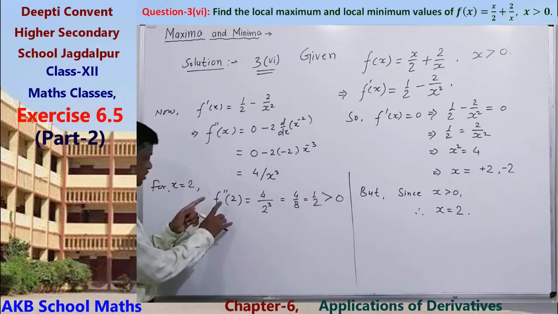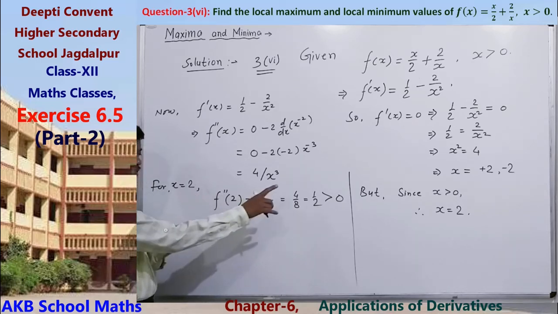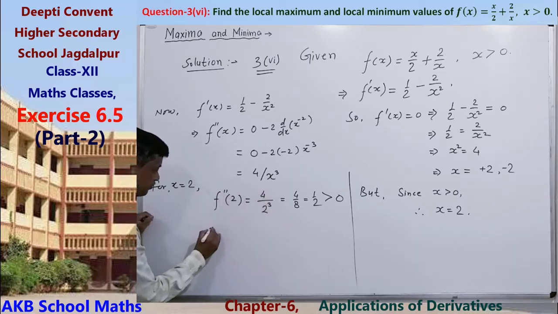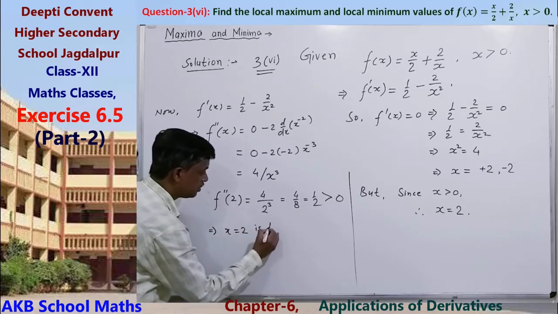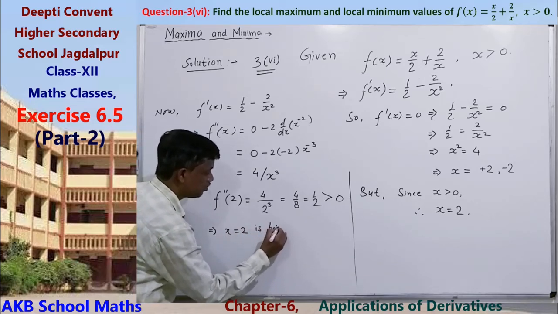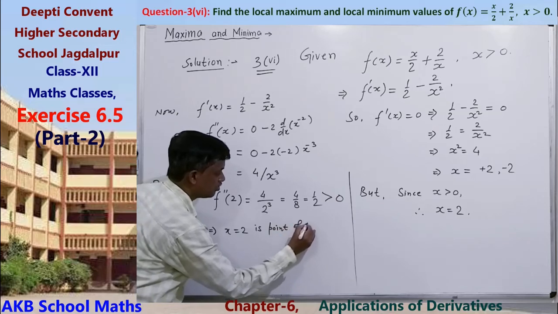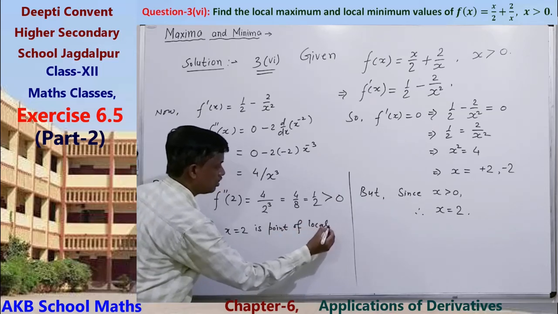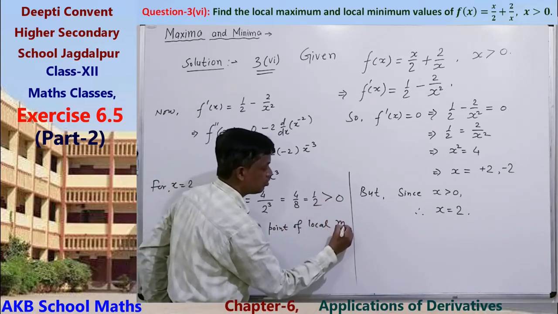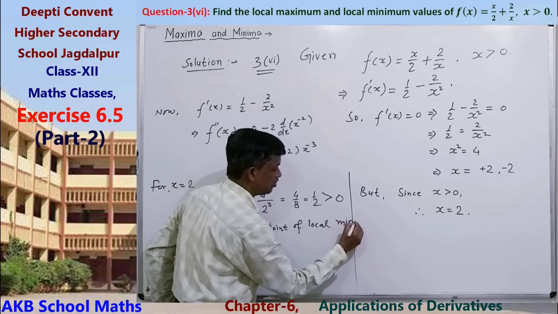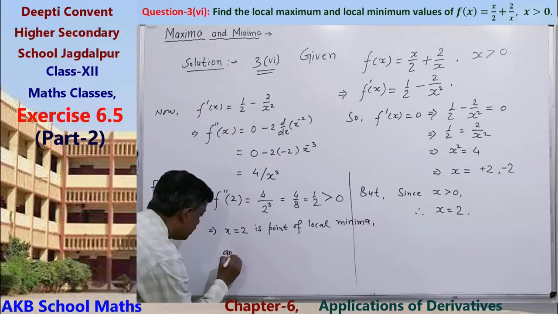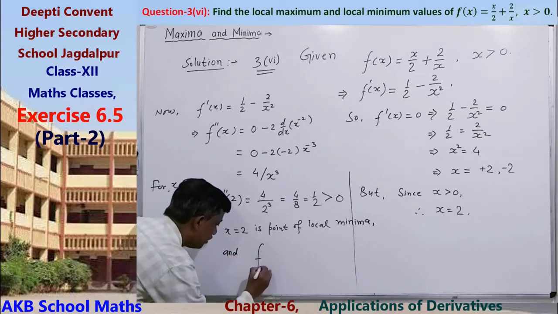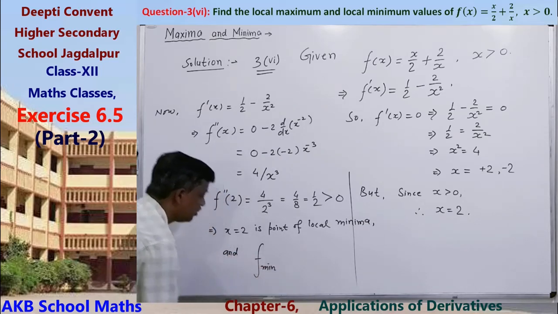That is, f double dash is greater than 0, which means x equals 2 is a point of local minima.